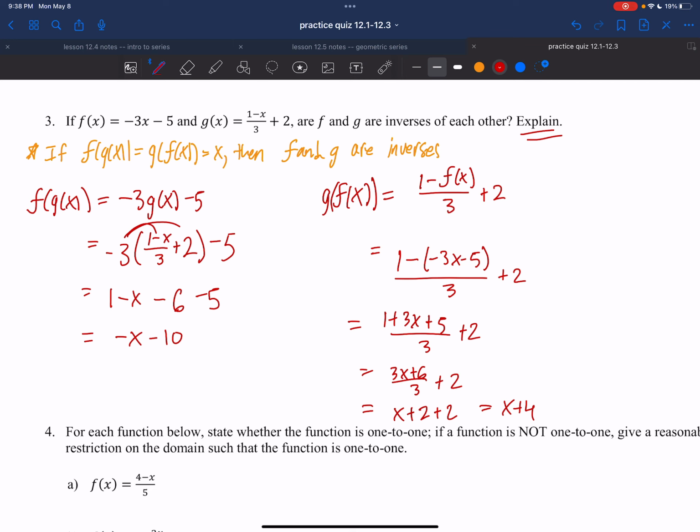I'm going to say big, fat, no. They are not inverses. Okay? No. And you say, why?